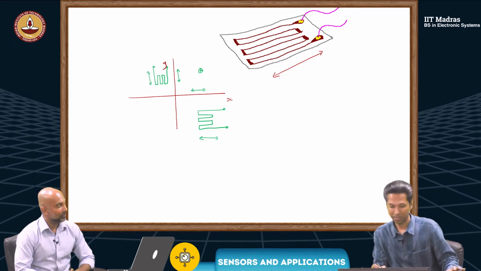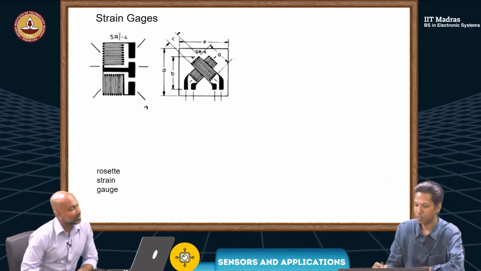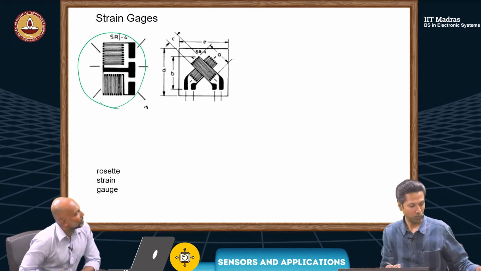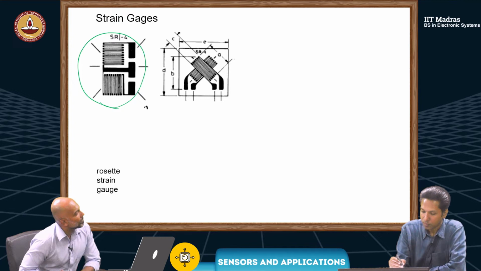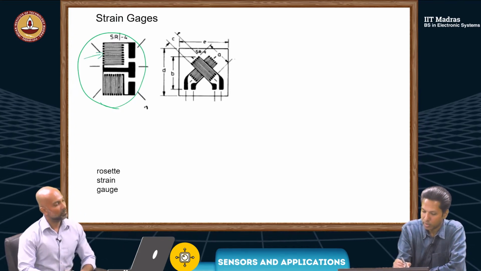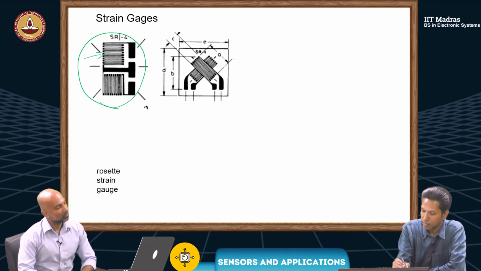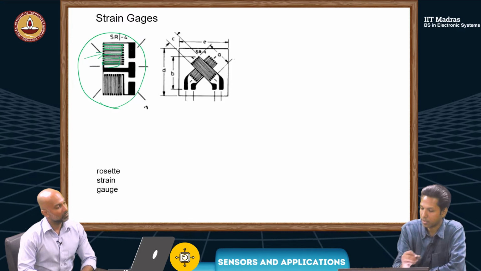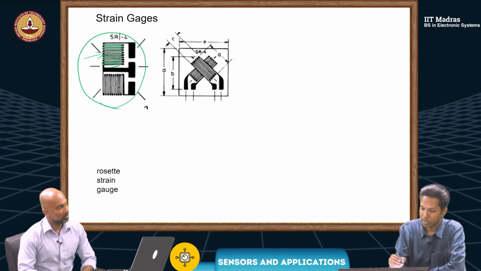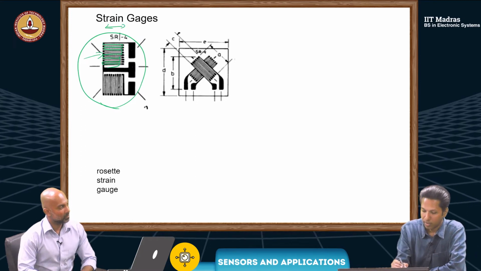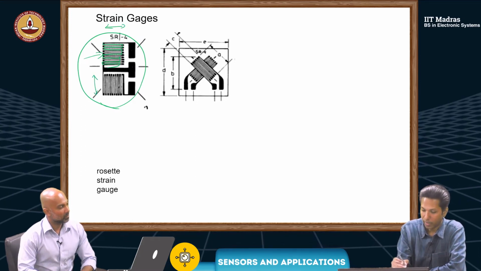I think I have a figure here. Something like this. This one, for example, has a structure like this, so that means it is sensitive to the X direction, while this is sensitive to the Y direction.